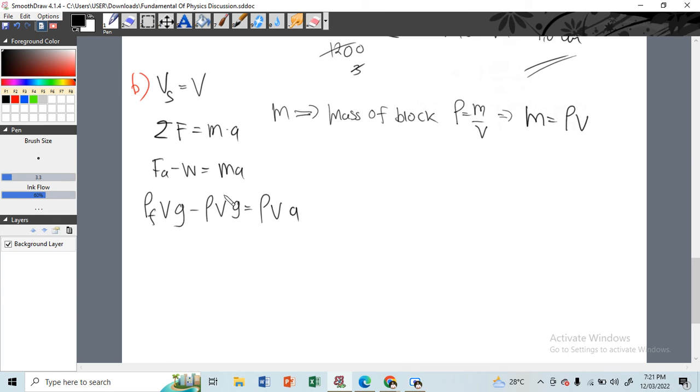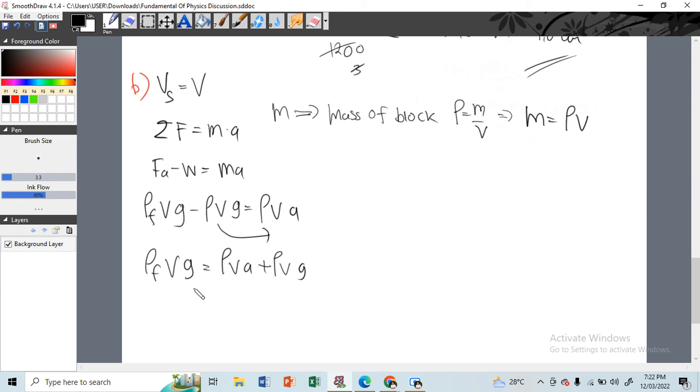Now we could move this rho times V times g to the right, and then it will be rho f times V times g is equal to rho V times a plus rho V times g.